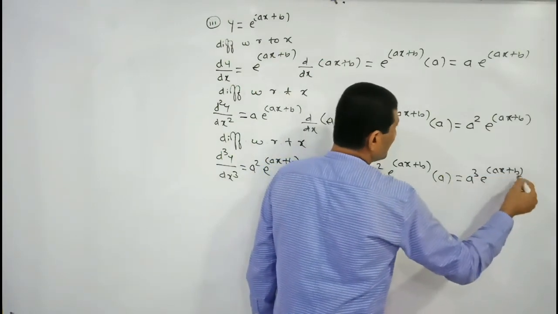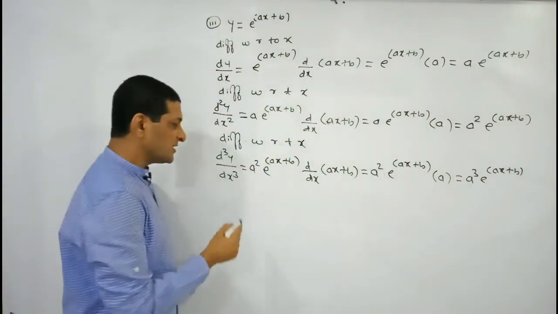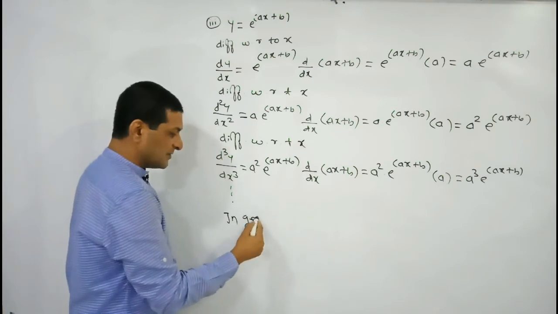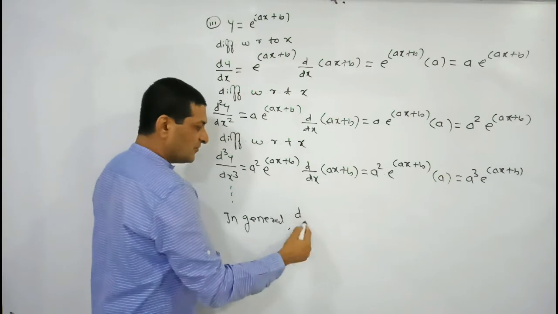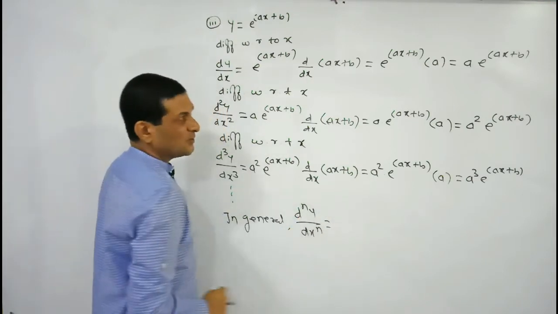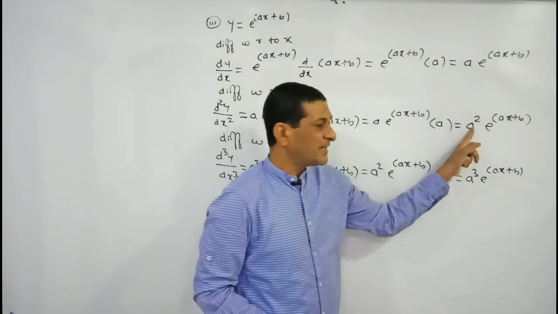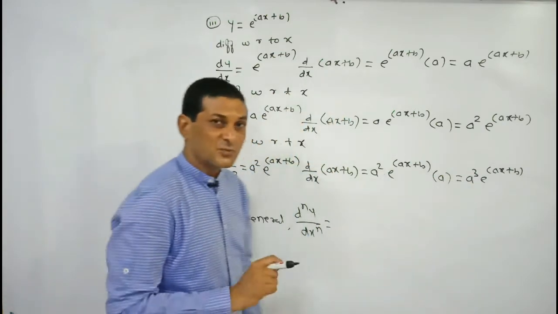Now first order derivative, second order derivative and third order derivative is known to us. From this we are writing the value of nth order derivative. So in general, the value of nth order derivative will be equals to, observe here, in case of first order derivative power of a is 1, in second order derivative power of a is 2, in third order derivative power of a is what? 3.